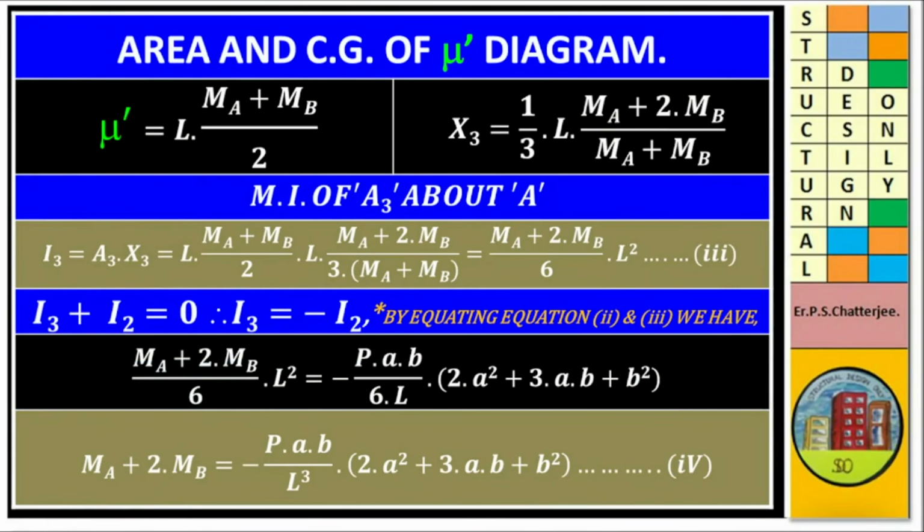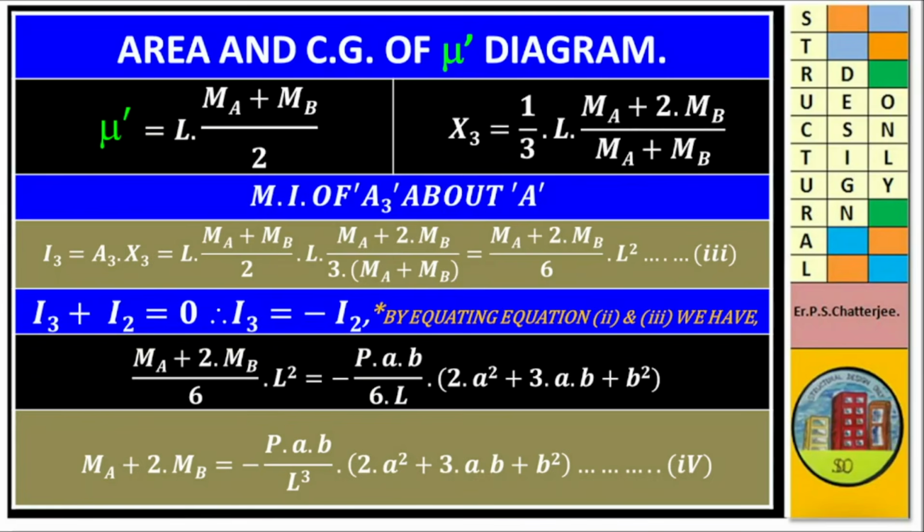Area under the curve of fixed end moment diagram is A3 = L(MA + MB)/2, and the CG distance from A is x3 = (1/3) L (MA + 2MB)/(MA + MB).